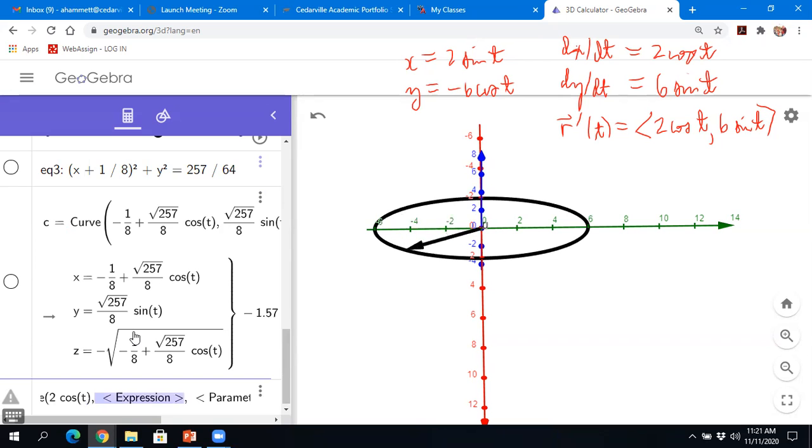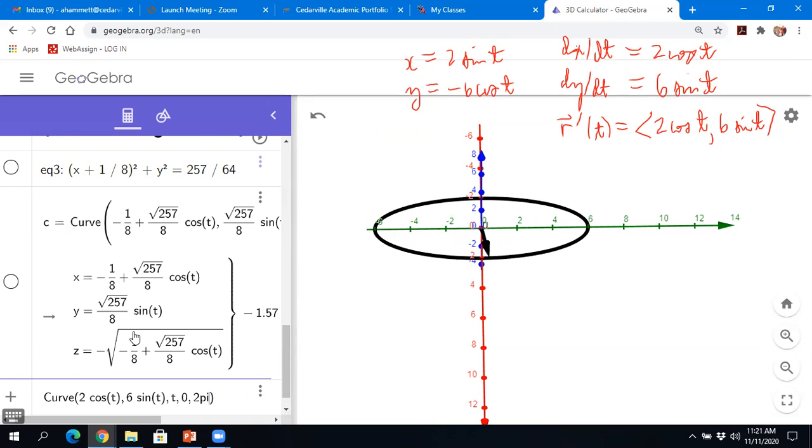What's the second expression? 6 sine of t. Okay, parameter value t. And what was t going between? 0 and 2 pi, I think is what it was for this thing. Yes.